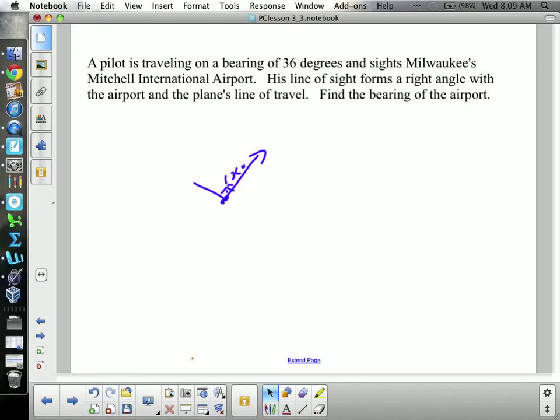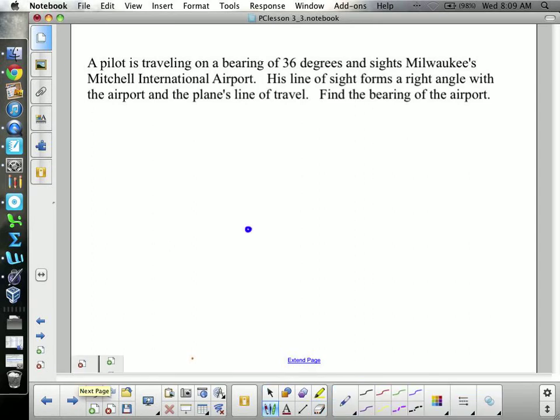I did take you to the next level. Back up for a second. Let's just start with the plane as a dot. Okay? The bearing of the plane is 36 degrees. Okay, there's my 36 degrees. The airport's at a right angle. What would be the bearing of the airport?